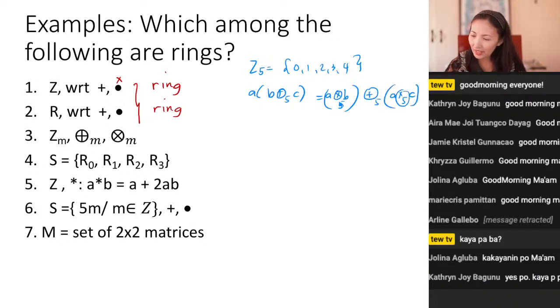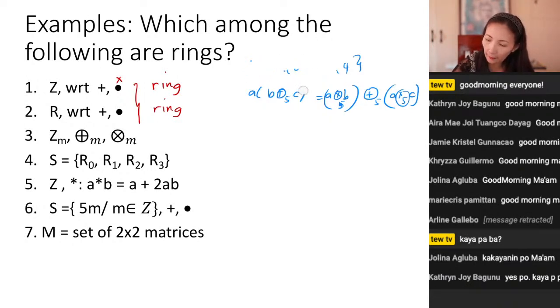So this is your left-hand distributivity. Let's not be specific yet. Let me erase this first.